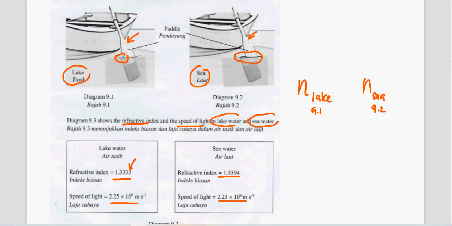So look at the value given. So obvious, sea has greater refractive index. And then in terms of speed of light, in the lake, and then speed of light in the sea. So can see that this is, look at the index, 10 to the power of 8. So this is 2.25, so means that in the lake is faster, like that. Okay, so the speed of light in the lake is faster compared to at the sea.